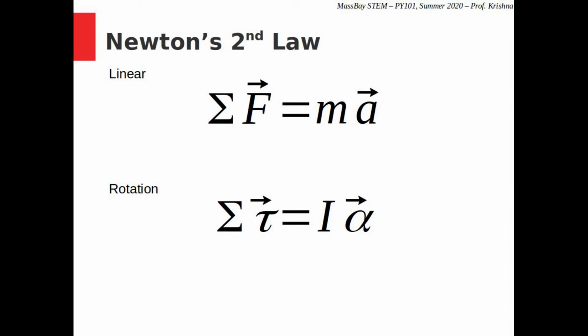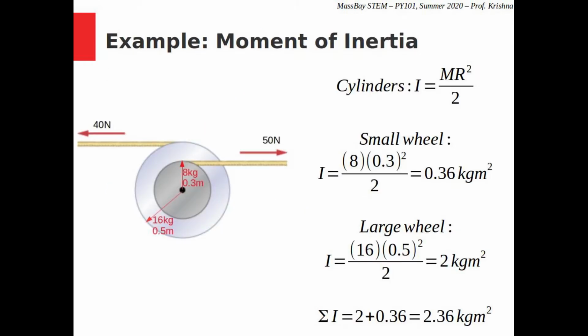Let's apply this to determine the angular acceleration of the wheels from earlier. The moment of inertia of the system is just the sum of the moments of inertia of each wheel. Suppose the smaller wheel has a mass of 8 kilograms and the larger wheel a mass of 16 kilograms.